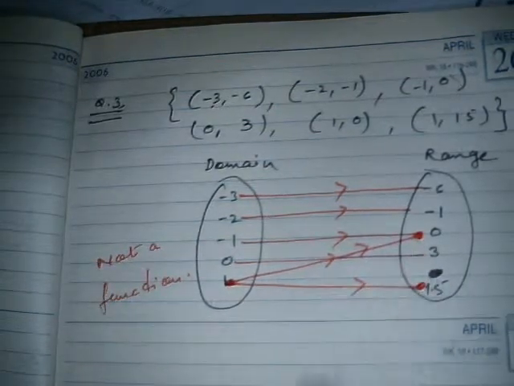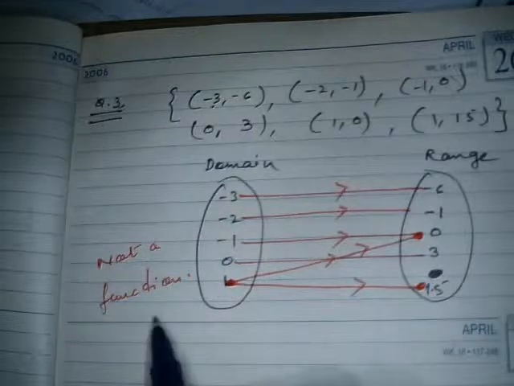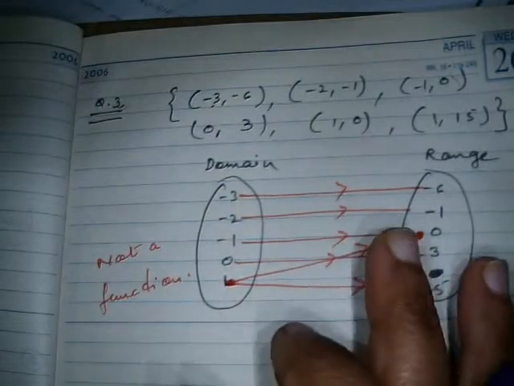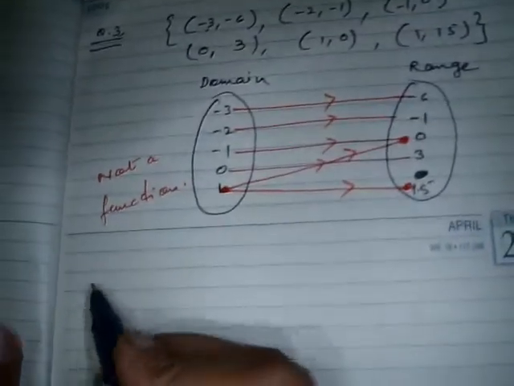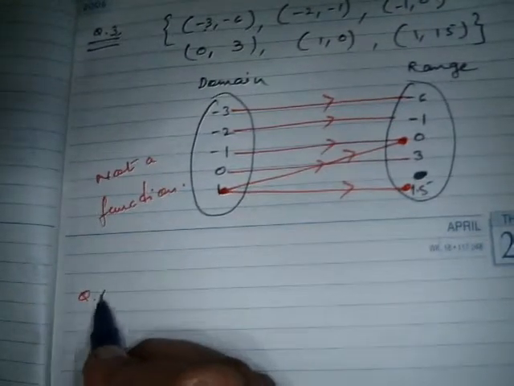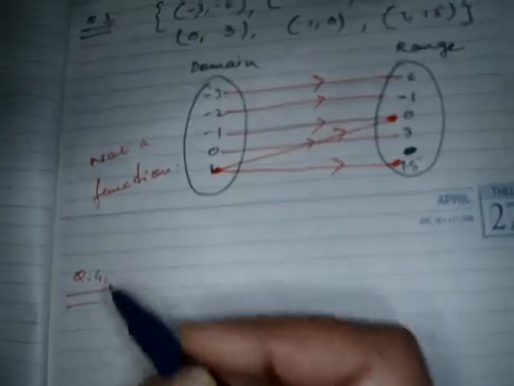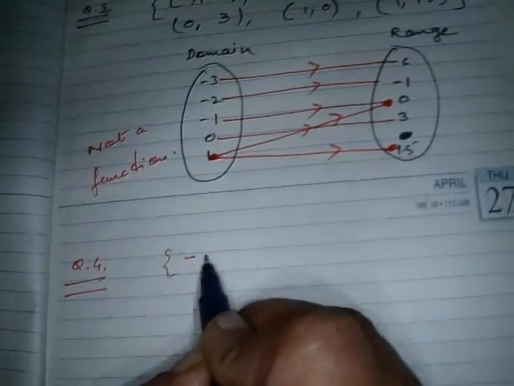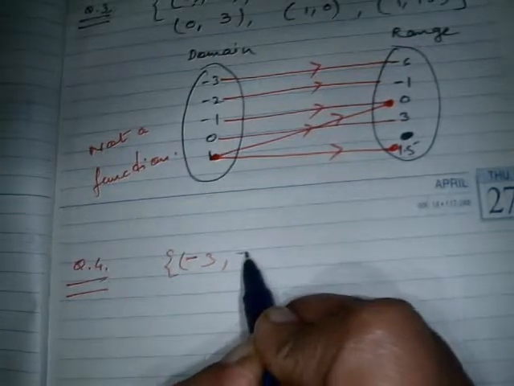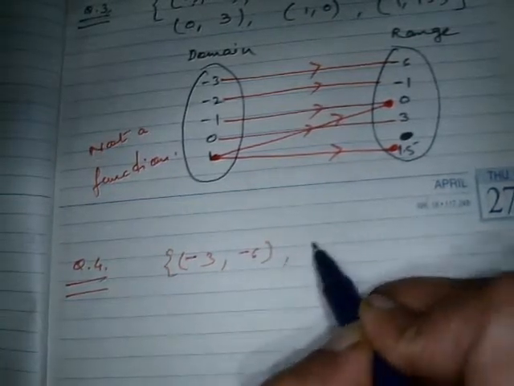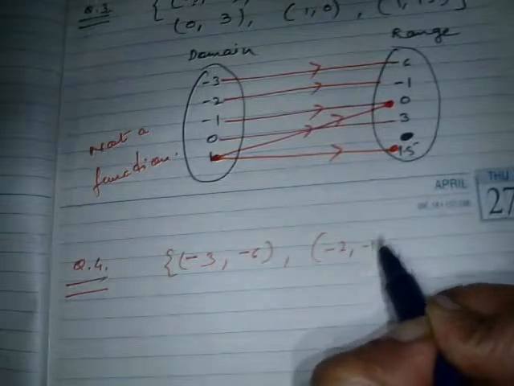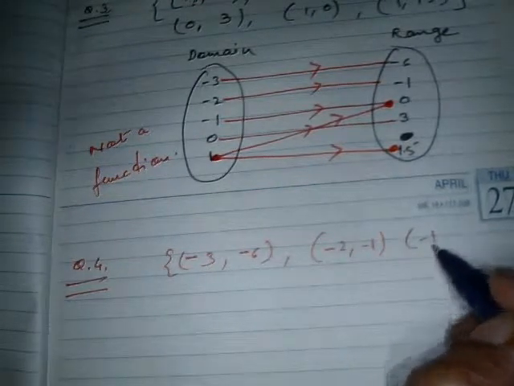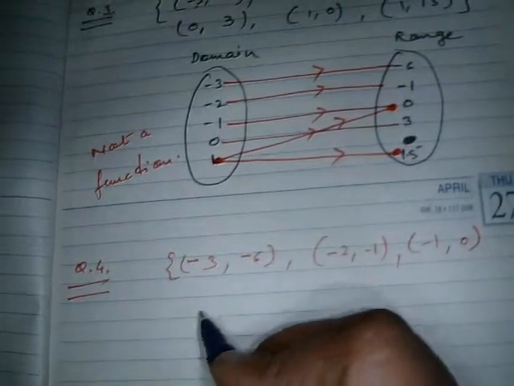Now the fourth example, that is also important. Negative 3, negative 6, then negative 2, negative 1, then negative 1 comma 0, then 0 comma 3, and then 16 comma blank. We don't know what is given there. I'm going to plot it over here.